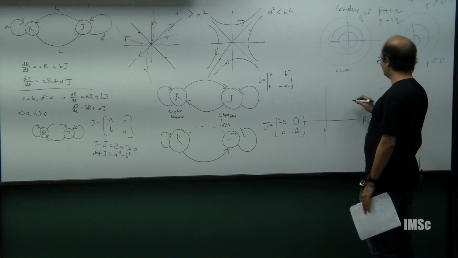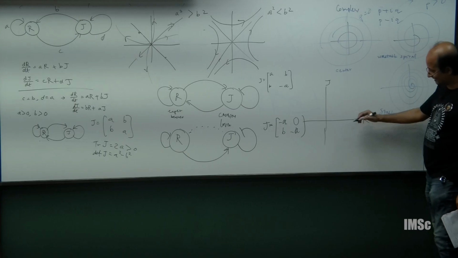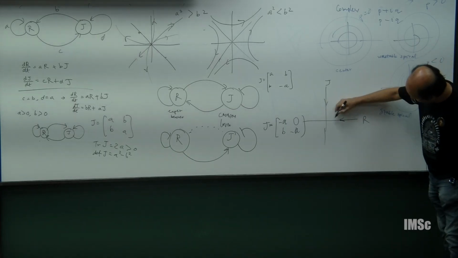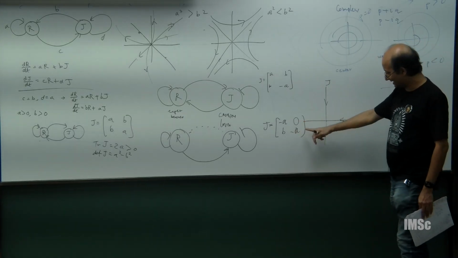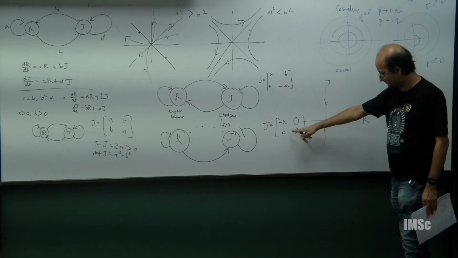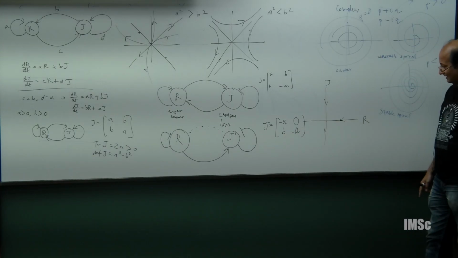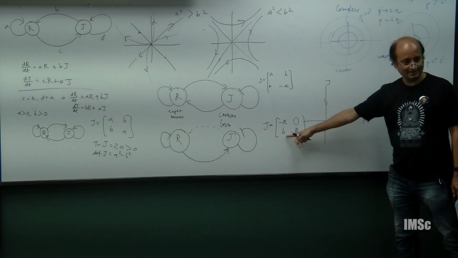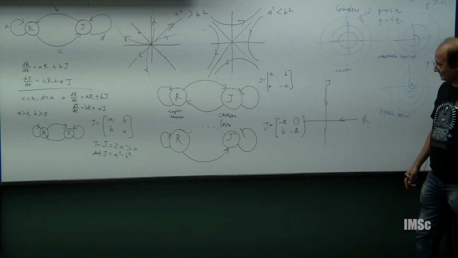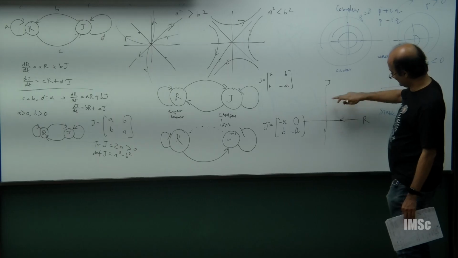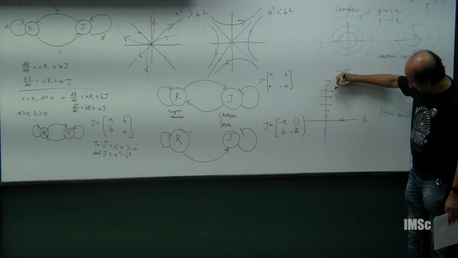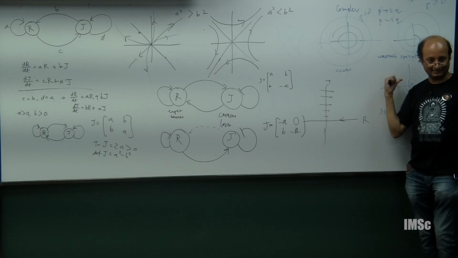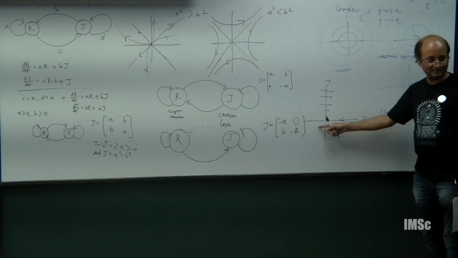So this is R, this is J. Now in both cases along this axis you have things flowing down, except that Romeo has this issue that if there is any signal from J, then he starts getting interested. That means if J is in any way positive, there is a flow towards the right. But if there is no signal, it just flows back.